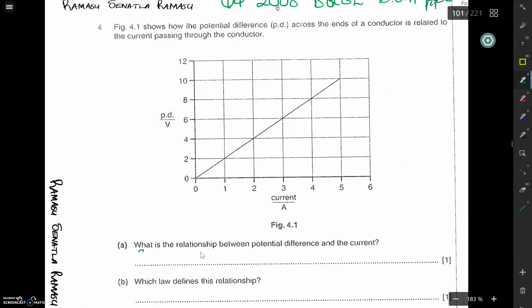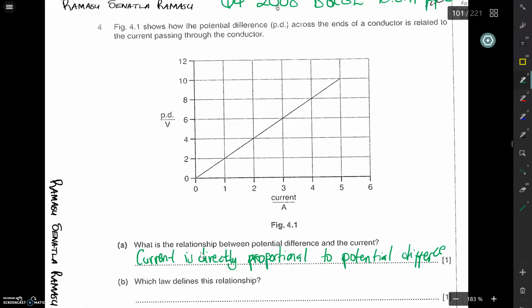So we say that current is directly proportional to potential difference, right?